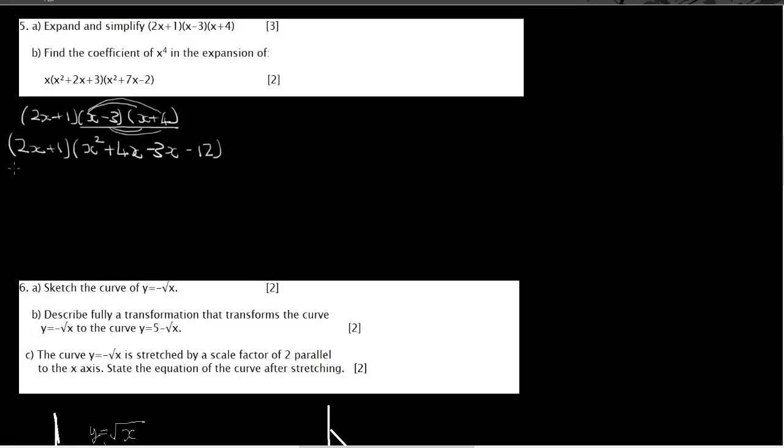Then multiply all that by 2x plus 1, so I'll go 2x times x squared. Just collect terms first. x squared plus x minus 12, then multiply it out. So I've got 2x times x squared, which gives us 2x cubed.